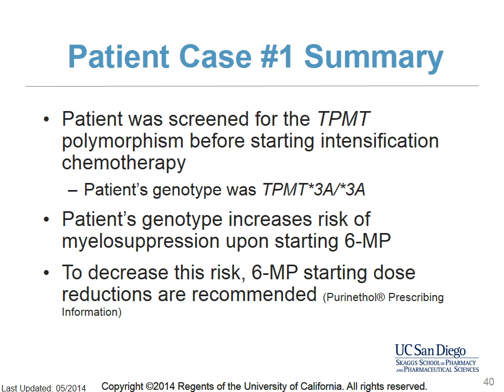This indicated that the patient was at increased risk of myelosuppression upon starting chemotherapy. The second question posed in the patient case was, what will be the empiric 6-MP starting dose? To decrease the risk of toxicity, 6-MP starting dose reductions are recommended in the prescribing information. In summary, this case provides an example of a polymorphism impacting drug toxicity.